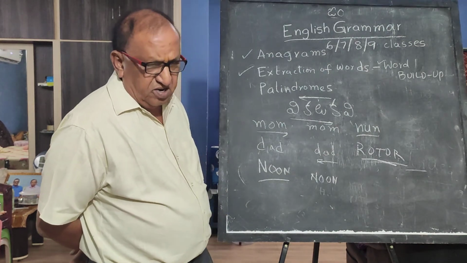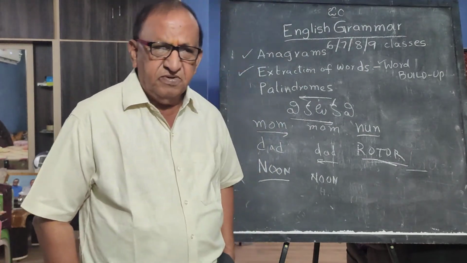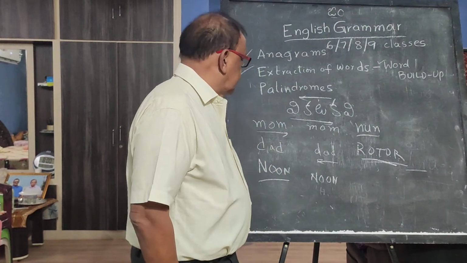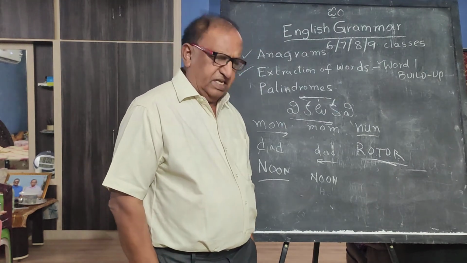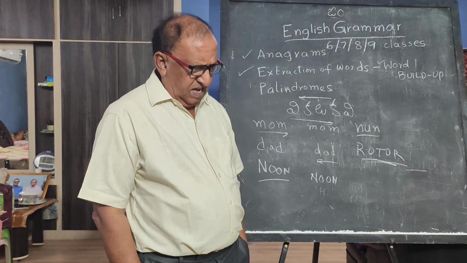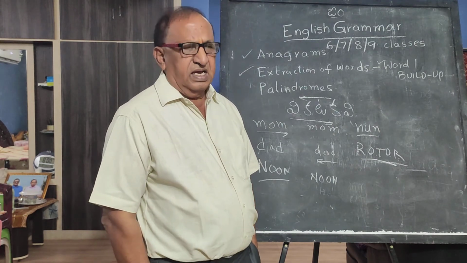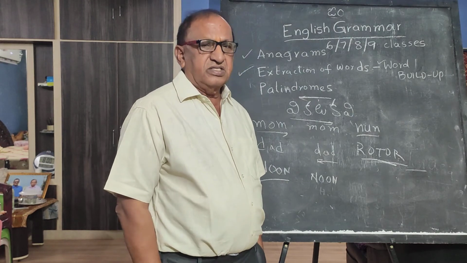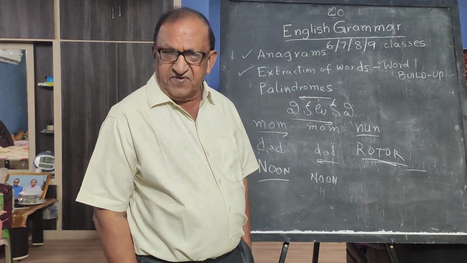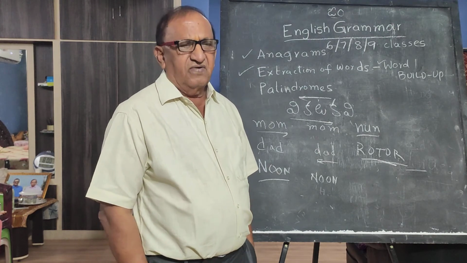Tomorrow or in the next class we will learn about palindromes, with a little bit more examples. I will come up with more examples, and then also homophones, words that sound the same but are different, like vent, V-E-N-T, and went, W-E-N-T.